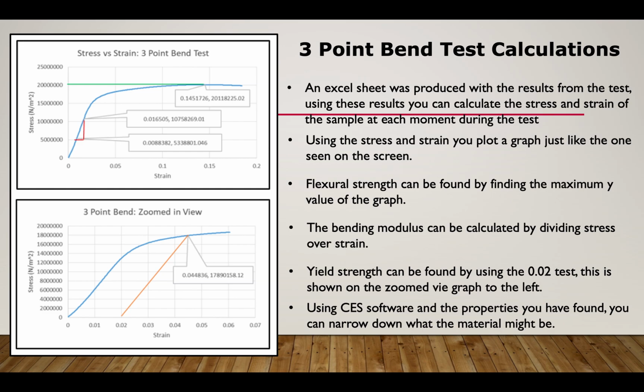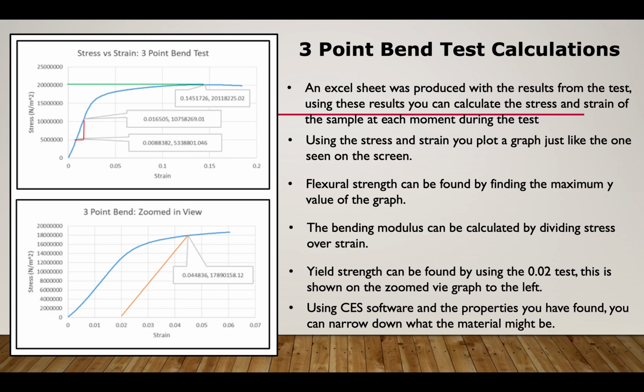After we commence the 3-point bend test and it is concluded, the machine inputs data into the computer and graphs are then given to us. An Excel sheet was produced with the results from the test, which you can use to calculate the stress and strain of the sample at each moment during the test. By using the stress and strain, you can plot a graph just like the one on the screen right now.